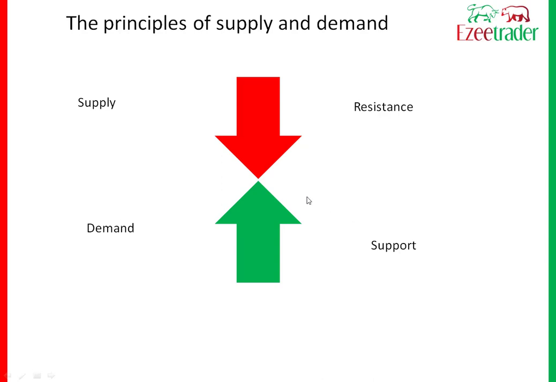It may range within a 20 or 30 pip range, but that's as far as it's going to go. If suddenly some good news comes out, like the recent discussions about a vaccine, it pushed the markets flying, and we saw markets fly up. They went up until a point where there was sufficient supply, and the supply effectively provided resistance. So the more supply there is, the more resistance you'll get.